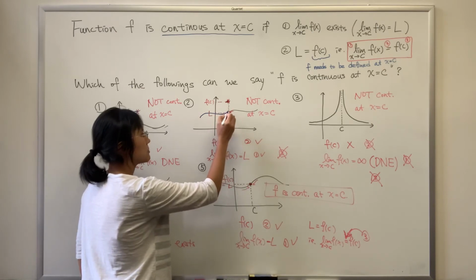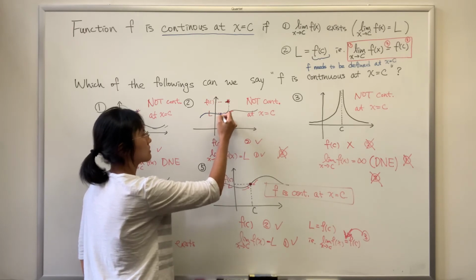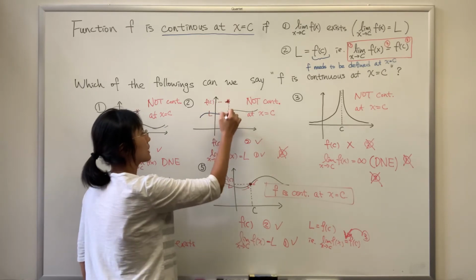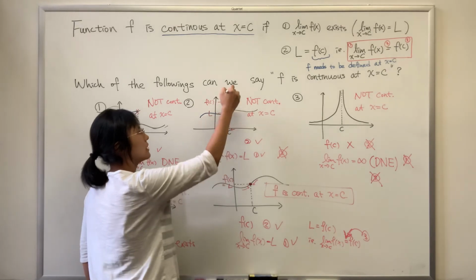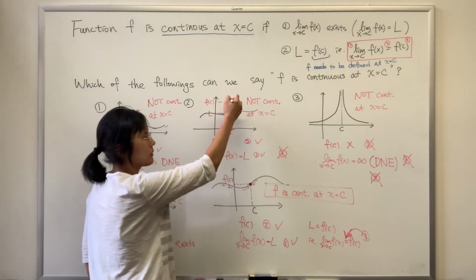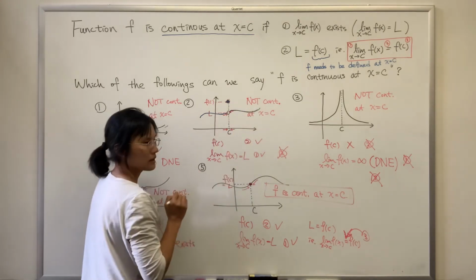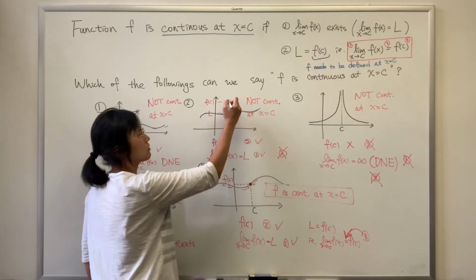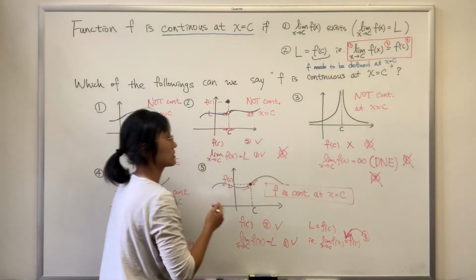Keep in mind this is an empty circle, so I cannot just keep going. For me to go from the left to the right and then mark f of c, I have to jump up. So I have to lift my marker and go this way and then continue to the right. So again, the motion is being interrupted. So it's not continuous at this point.